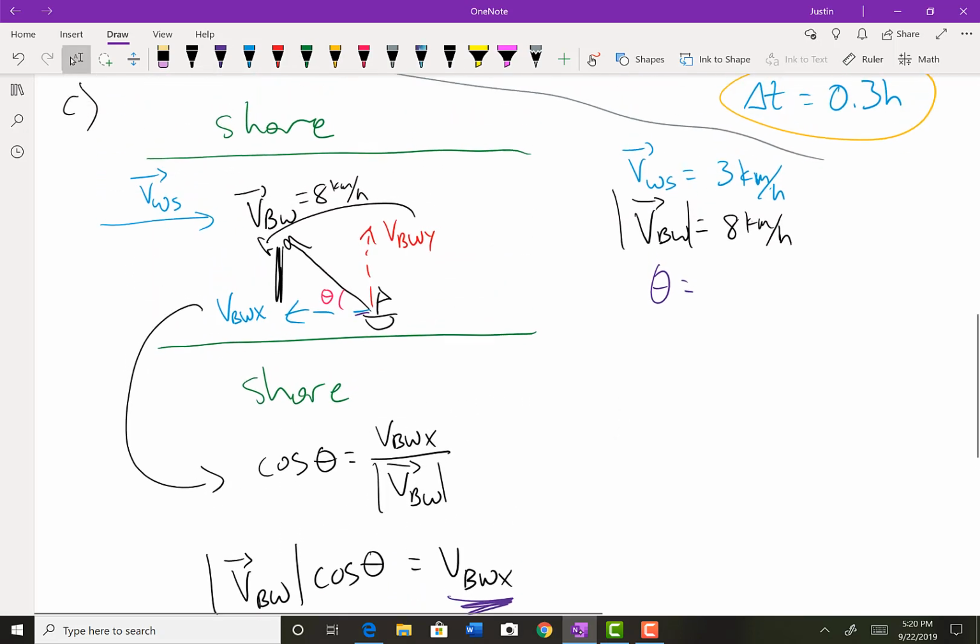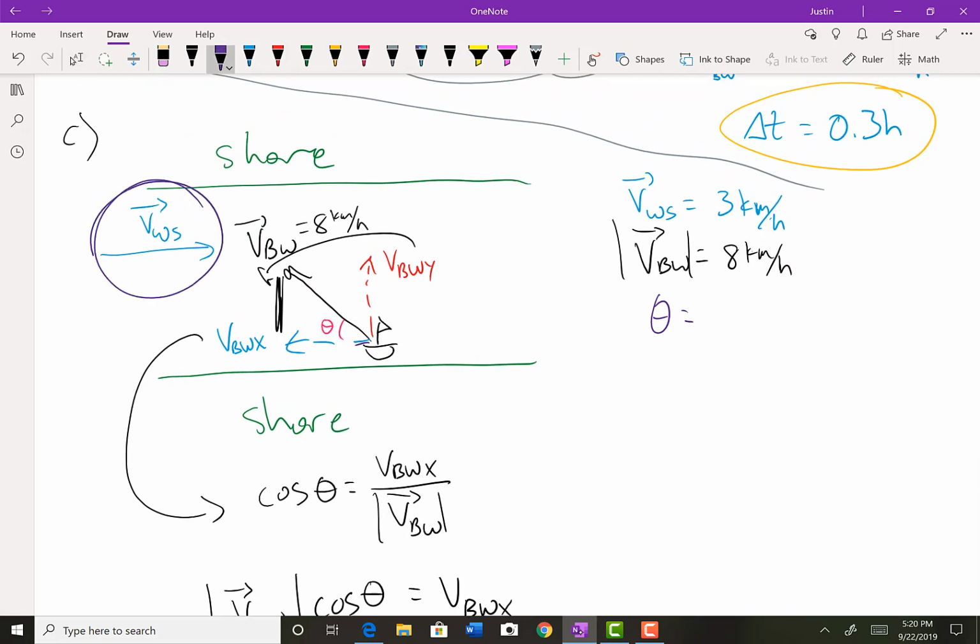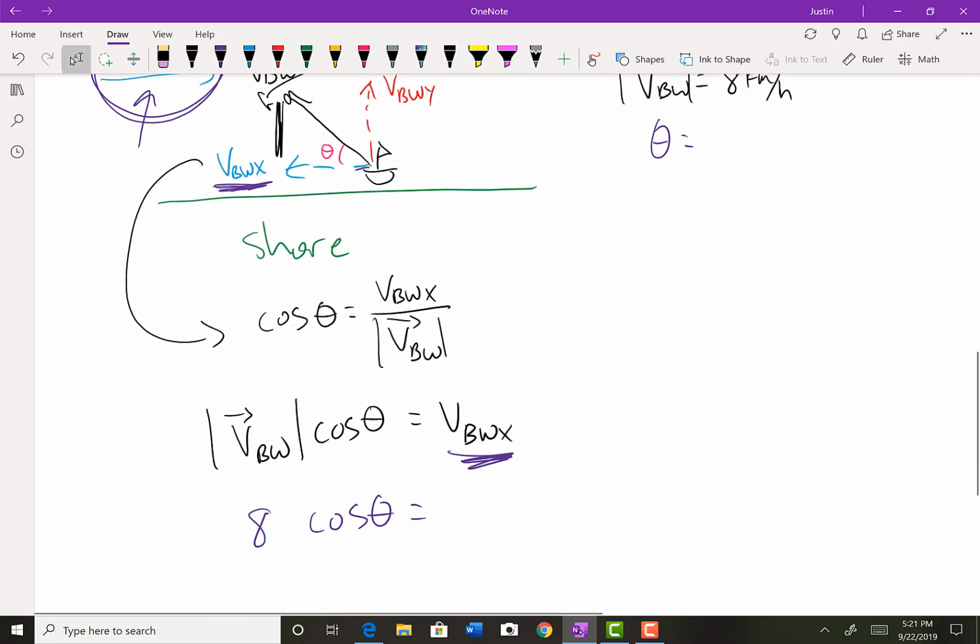Well, I want VBWX to be the opposite of whatever VWS is. So the velocity I want of my boat in the x direction, I want it such that it cancels out the velocity that the water is pushing to the right with respect to the shore. And the water is moving to the right with respect to the shore at a velocity of 3 kilometers per hour. So I basically want VBWX to be -3 kilometers per hour.